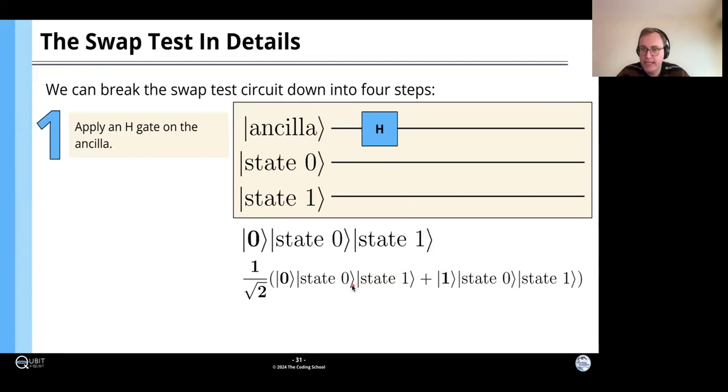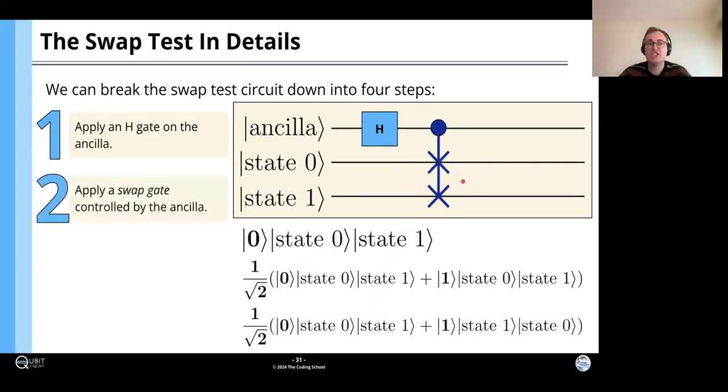It may look very complicated, but what we've done is we've applied an H here. Notice this is the ancilla, this is state 0, state 1. We apply this, so this is a plus state. Well, if I expand that out, I get this somewhat complicated state looking here, but notice we always have state 0, state 1, state 0, state 1, but we have an equal superposition of 0 or 1 for our ancilla bit. This is just a fancy way of applying an H gate to the ancilla.